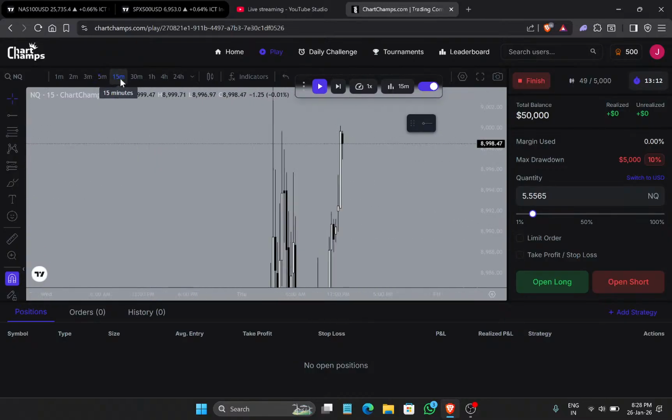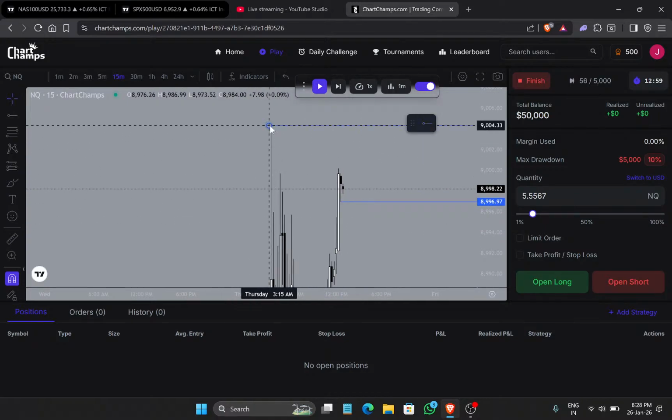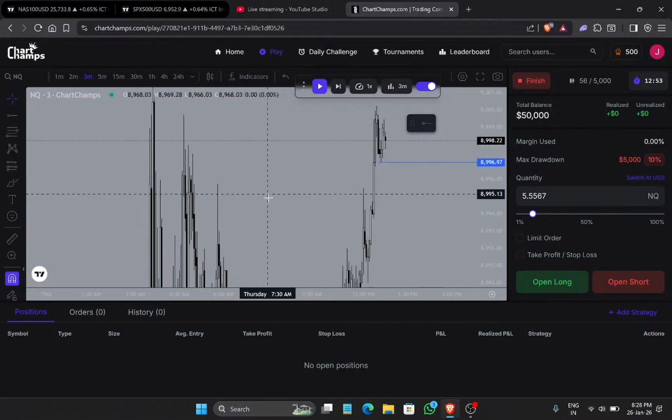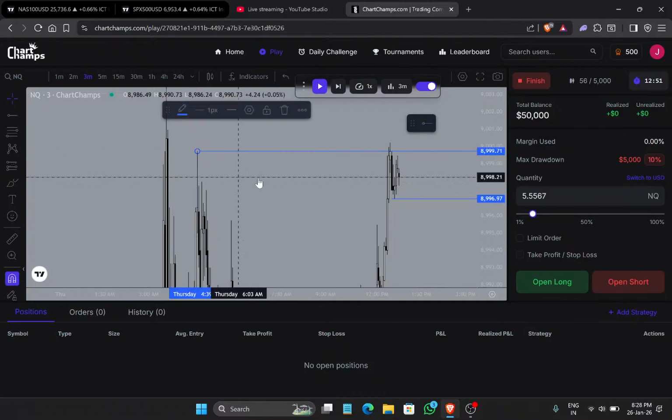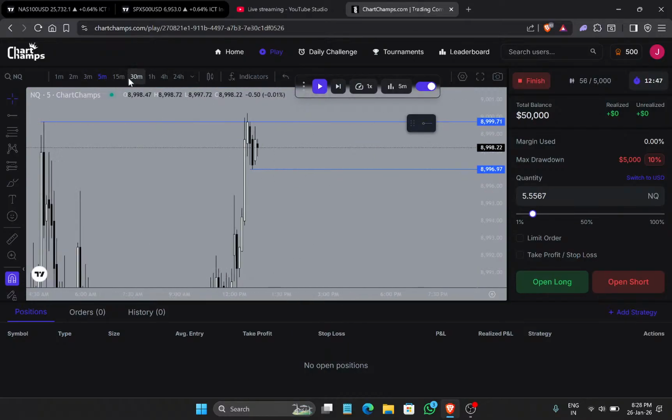Yes, we can see here that we just opened up the 50 minutes and we still have this draw here. Already swept this. We can get a good close.